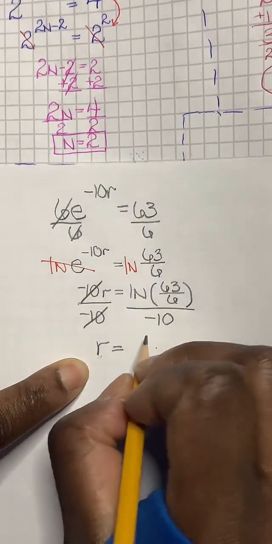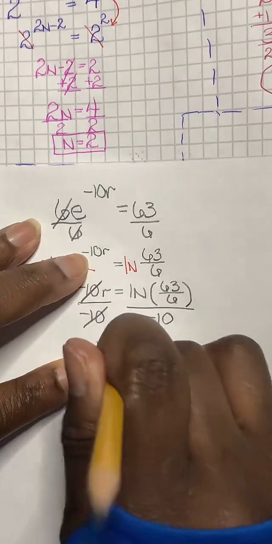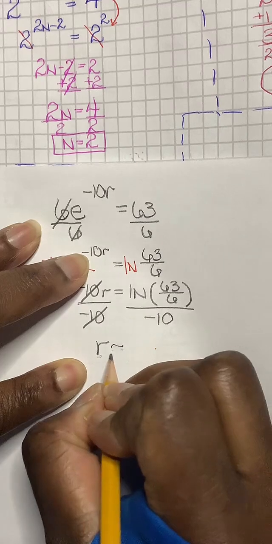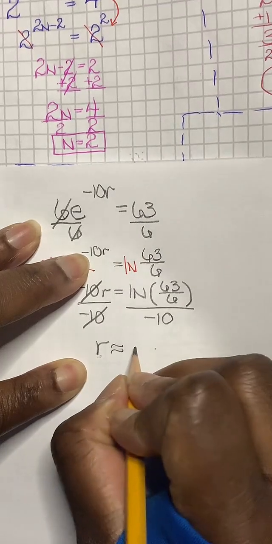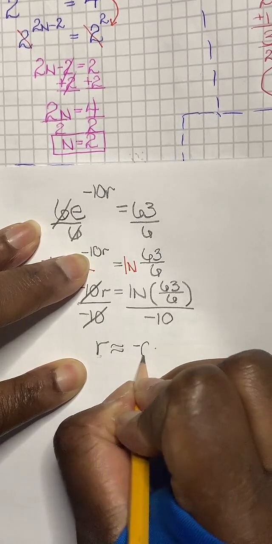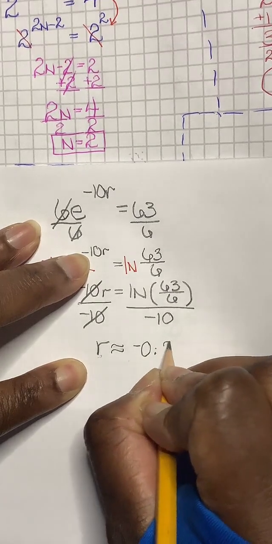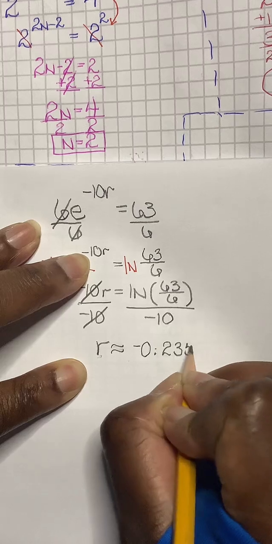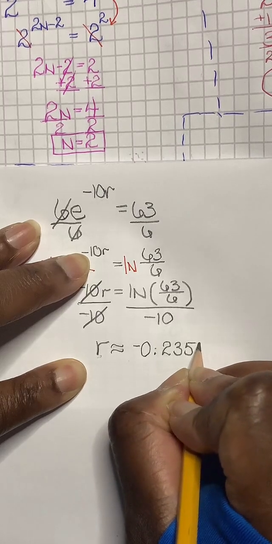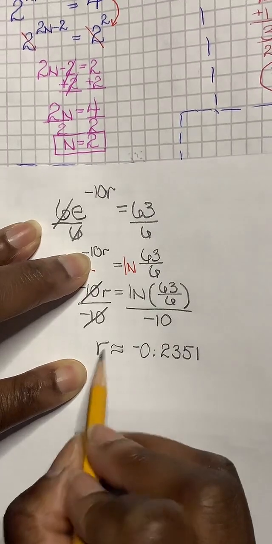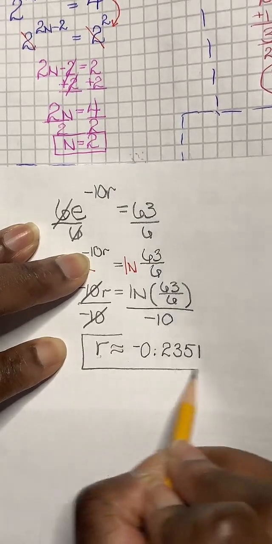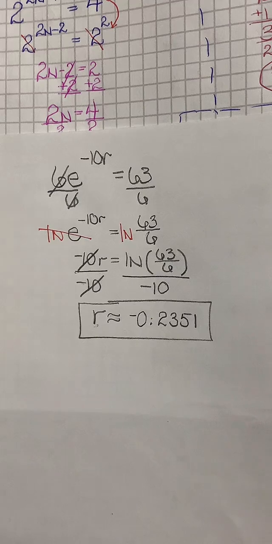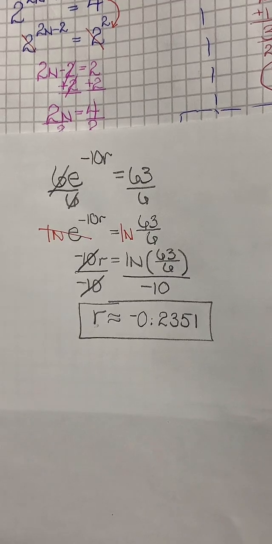And then what we get, approximately, is negative 0.2351, taken to the fourth decimal place. So that will be what my r equals.